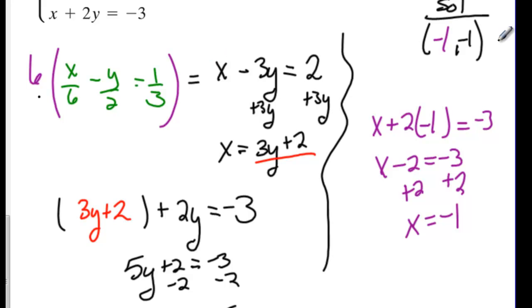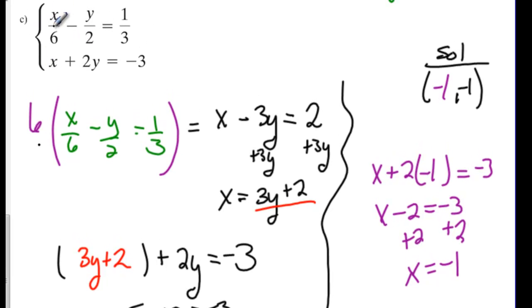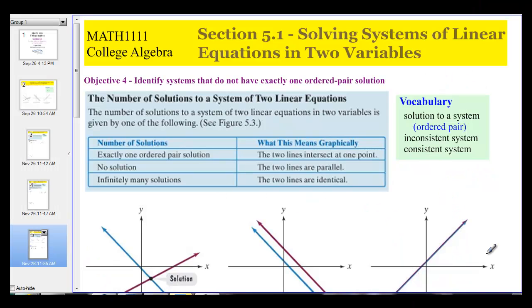So our solution was negative 1, negative 1. And if we want to plug back into the top, we would have negative 1/6 plus 1/2 equals 1/3, which is true. Your calculator will verify it for you.